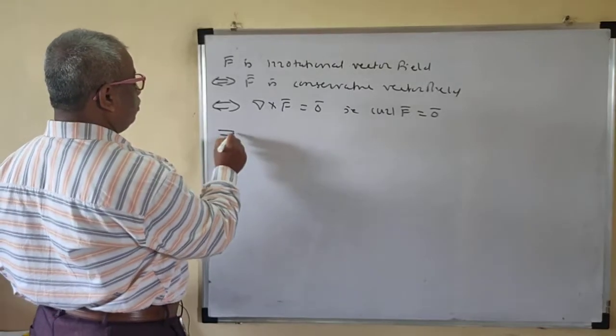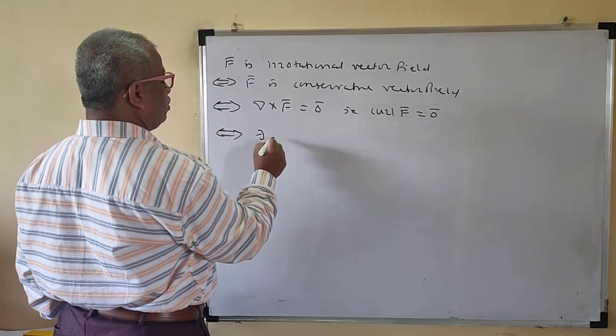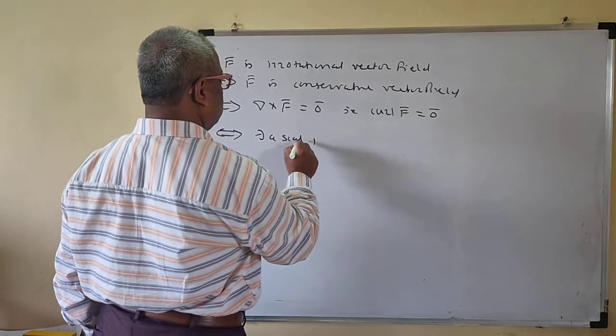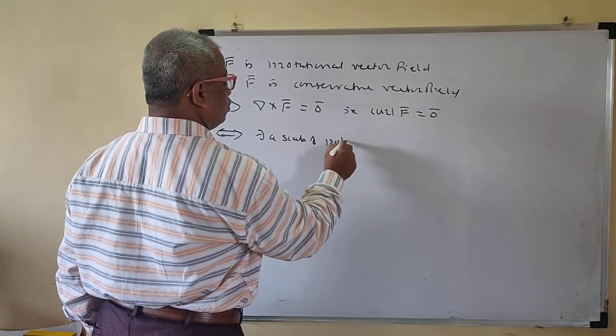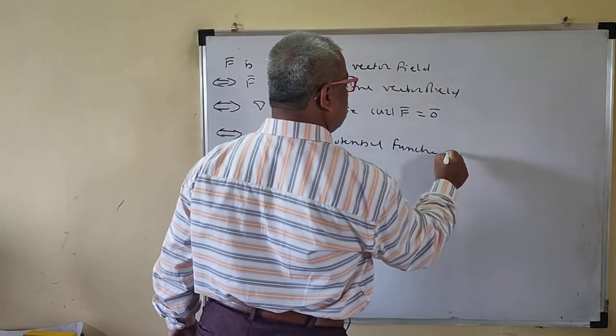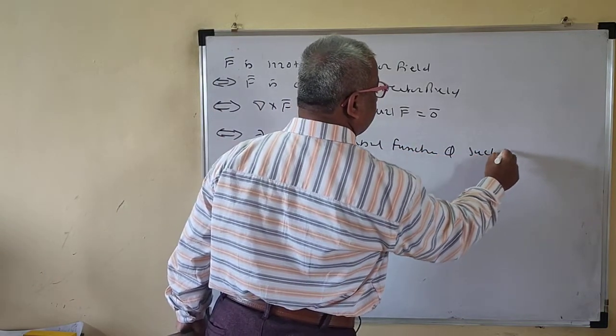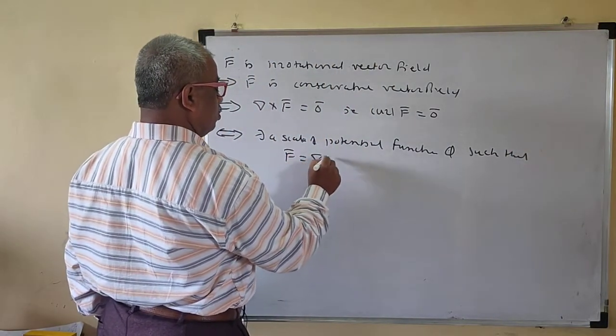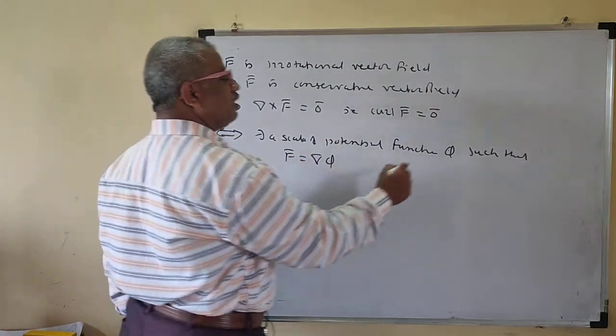If and only if there exists a scalar potential function phi such that F bar is equal to del phi, or you may say this is small f.